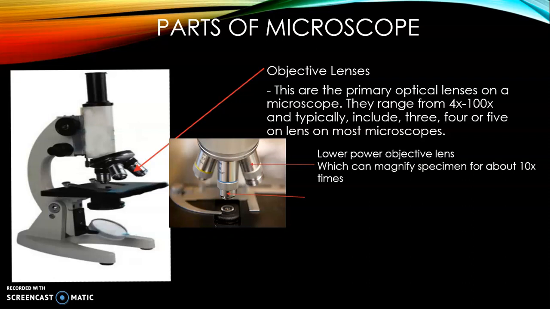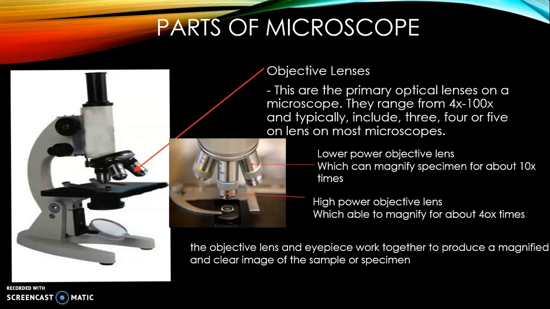The smaller one is called the low power objective lens, which can magnify a specimen for about 10 times, while the longer one is the high power objective lens, which is able to magnify for about 40 times. The objective lens and eyepiece work together to produce a magnified and clear image of the sample or specimen.